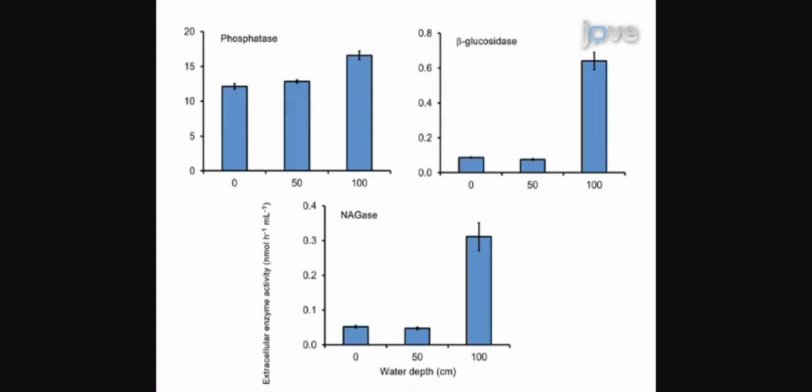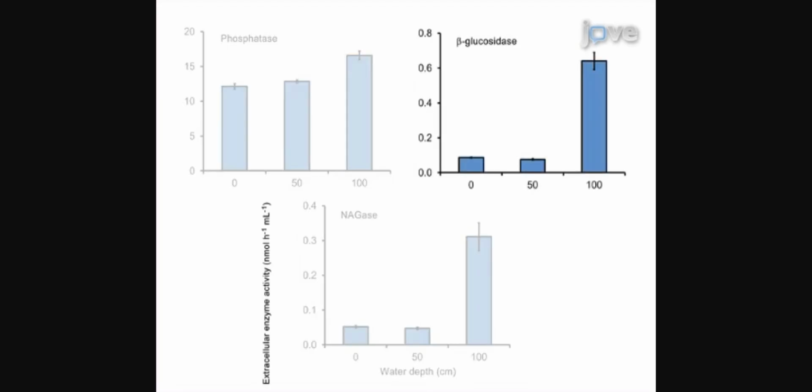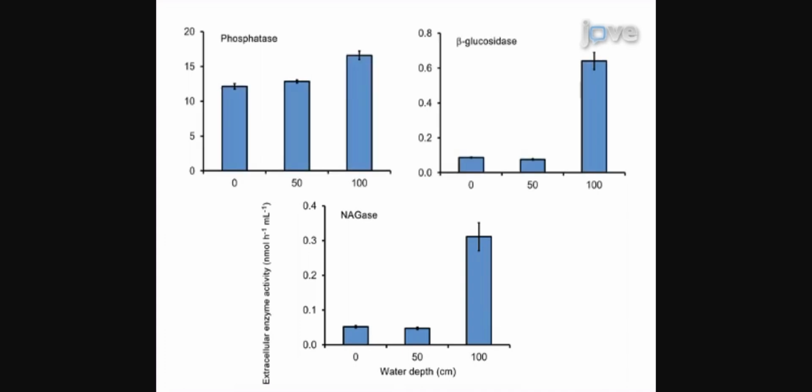Natural waters tend to have lower extracellular enzyme activity per milliliter than soils or sediments do per gram. As such, they should be assayed fluorometrically using MUB-linked substrates. This figure shows how the activity of the enzymes phosphatase, beta-glucosidase, and NAGase varies with depth in a shallow lake in northern Mississippi, USA.